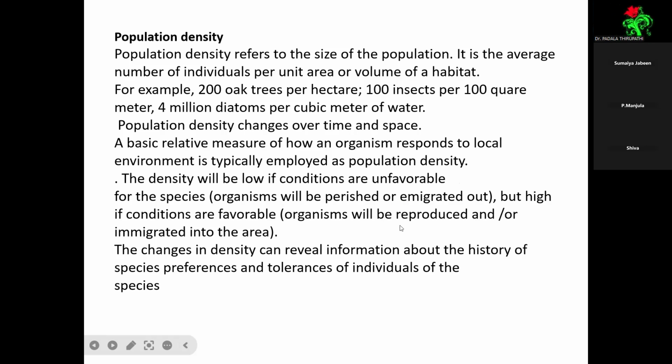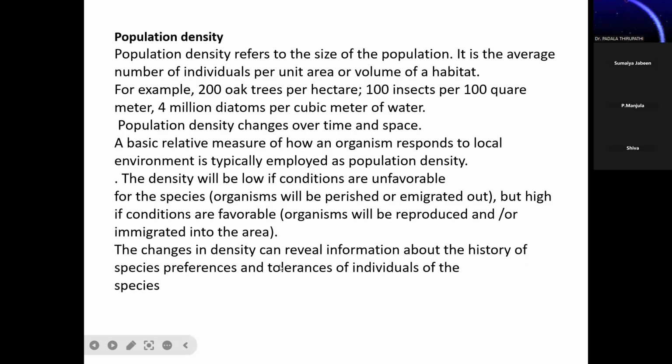Organisms will perish or emigrate if there is no availability of food, so they will move to other areas. But density is high if the conditions are favorable. Organisms will reproduce and immigrate into that area. If sources of nutrition or food materials are available, other organisms can also move to that area, due to which the density also increases.